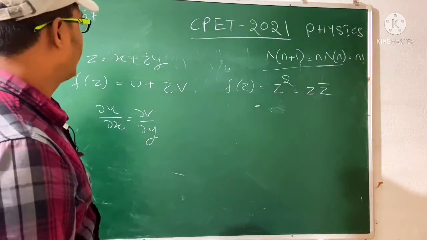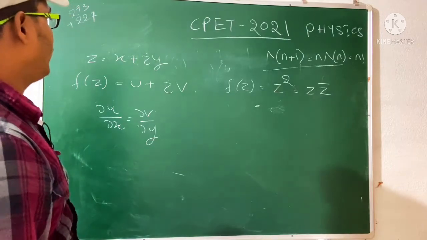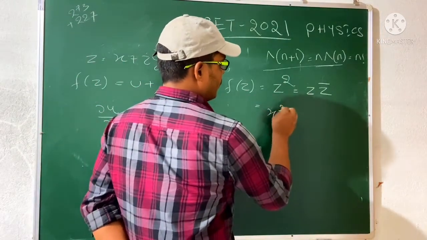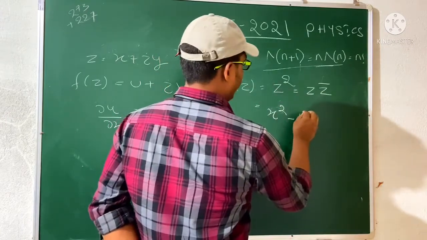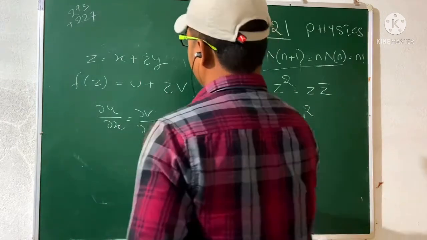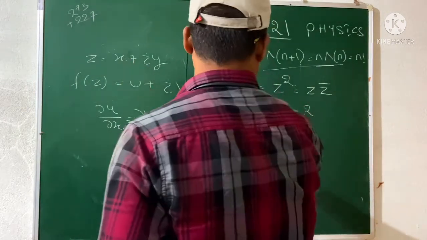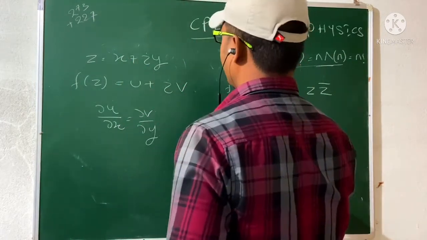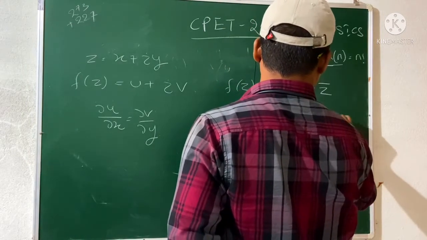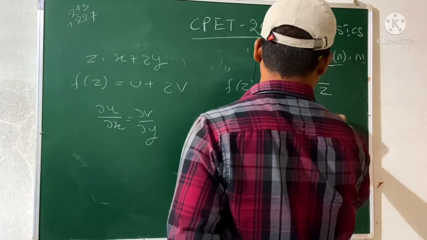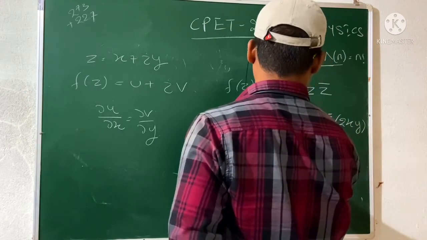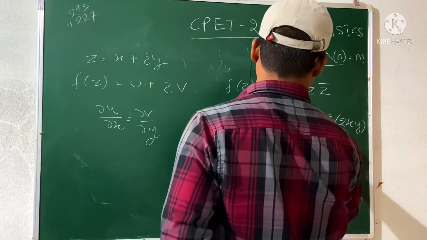Anyway, that will be x square minus y square, because, sorry, x square plus y square, and plus i into 2xy. So this is my u plus iv.